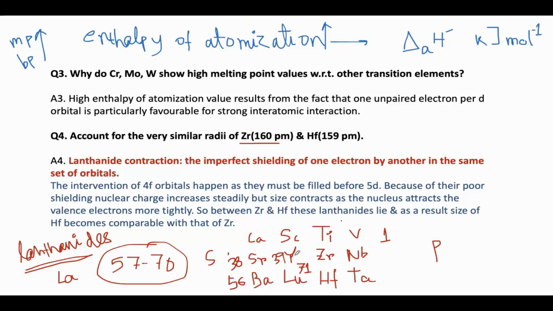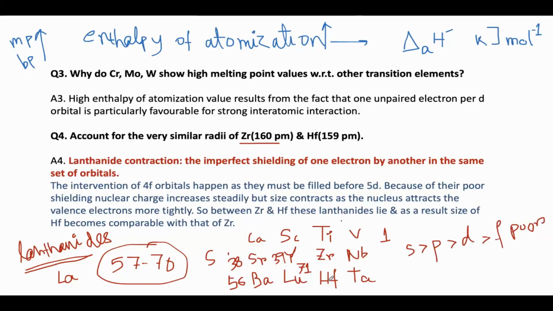So here we have these d orbitals, that is fine. After the d orbitals and after covering the 5s orbital, there occur the 4f orbitals. Now we all know the shielding effect of s orbital is greater than p, greater than d, and greater than f. So f orbitals have very poor shielding power. An f orbital cannot shield the electrons from the nucleus.